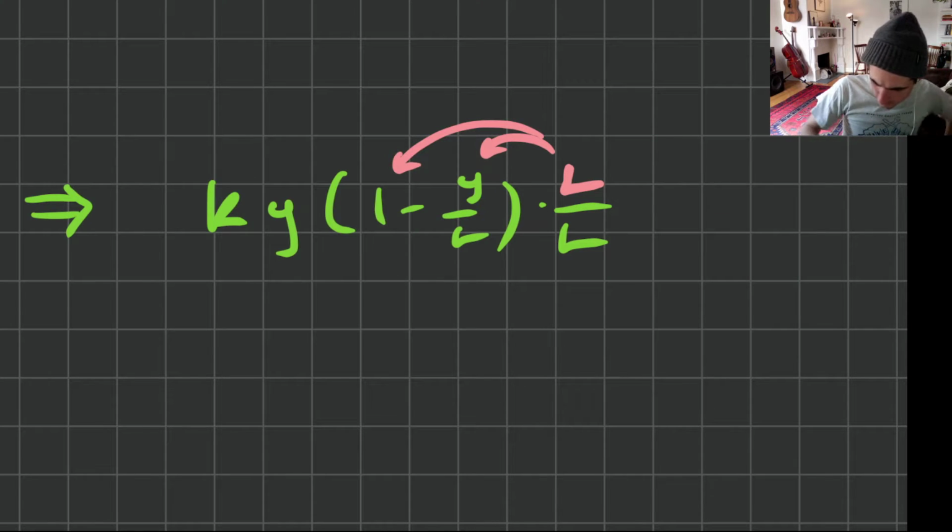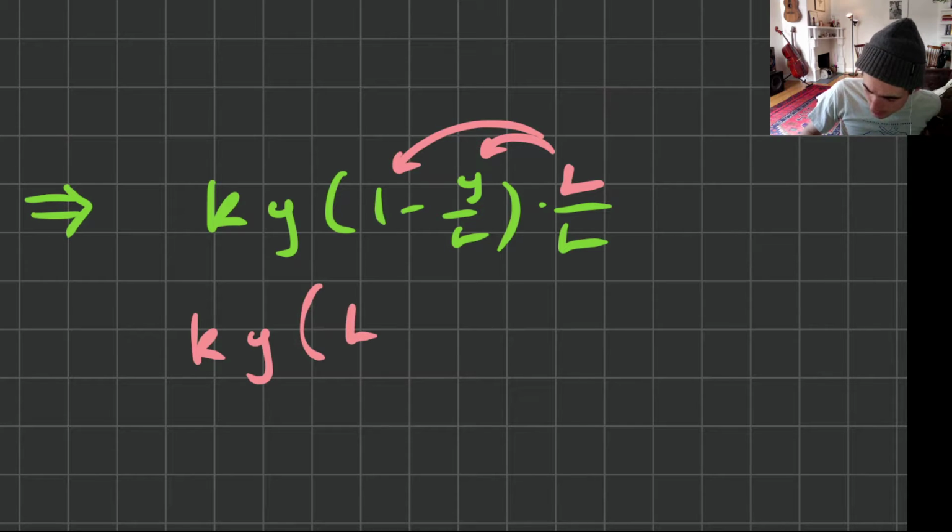So we'll have k times y times L minus y, and then times 1 over L.